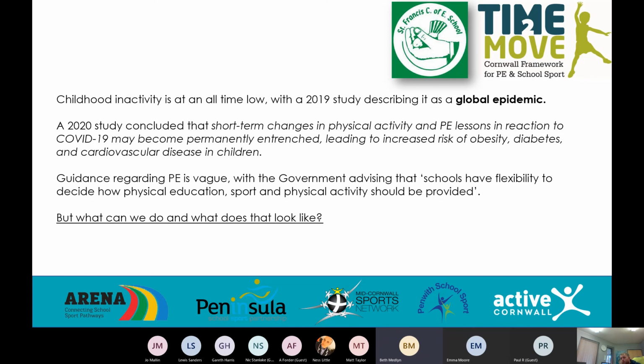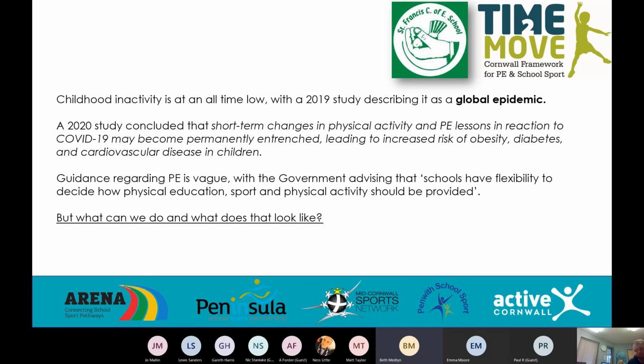A 2020 study has said that the short-term effects of the COVID pandemic could permanently cause issues for our children with the risk of obesity, diabetes and cardiovascular disease. So we need to work out a way now to create a sustainable future for our PE and physical activity in schools and hopefully outside of school as well.